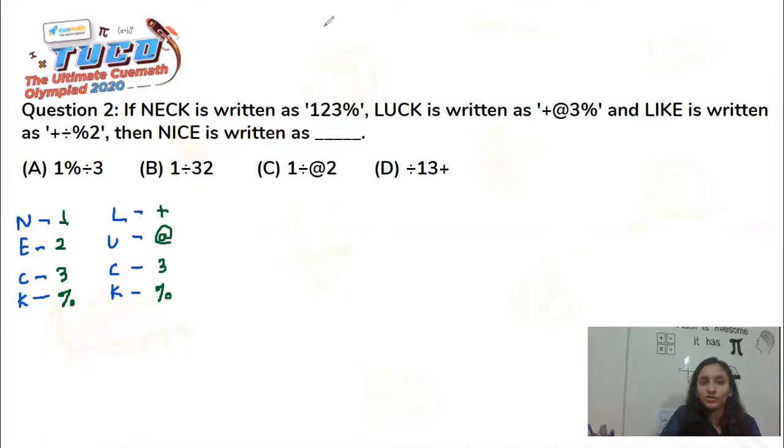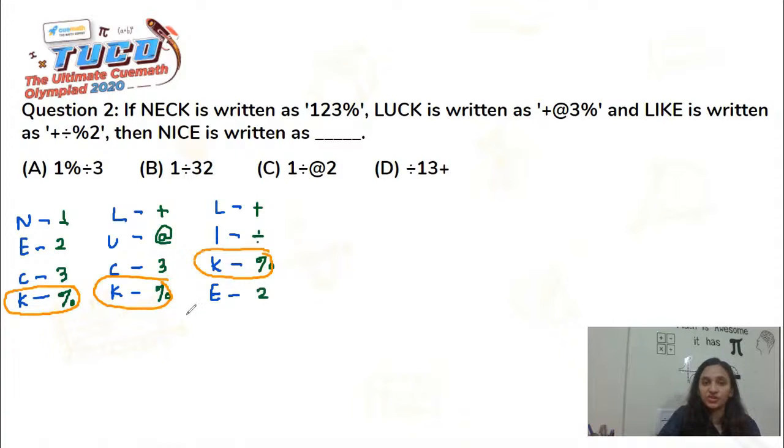We go on to the next word, which is like, L-I-K-E. L is plus, I is division, K is percentage, and E is 2. Now what you would look at is that K has been coded the same way in all the 3 words, which is a percentage.